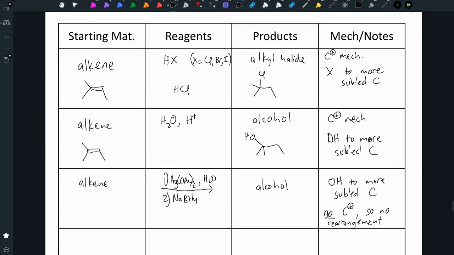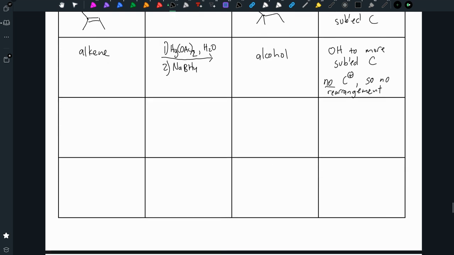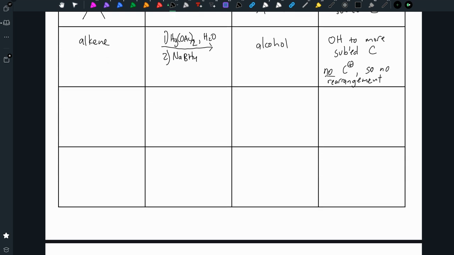And then one other quirk is that we've learned some reactions that had two organic molecules involved. So for instance, I could take an alkene and react with an alcohol and an acid catalyst.